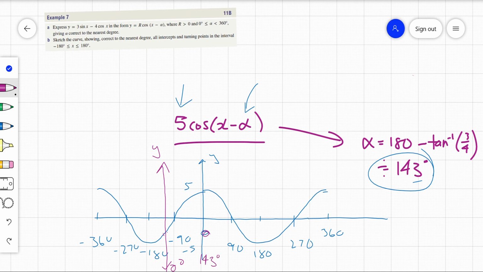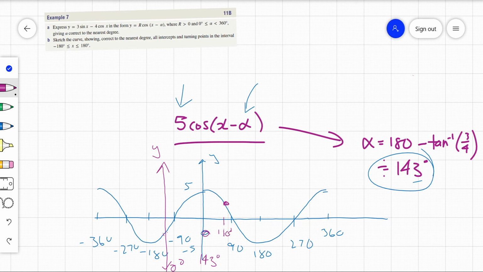If it says to graph between negative 180 and 180, I'm almost at 180 when I'm here, so 180 will be about here somewhere.